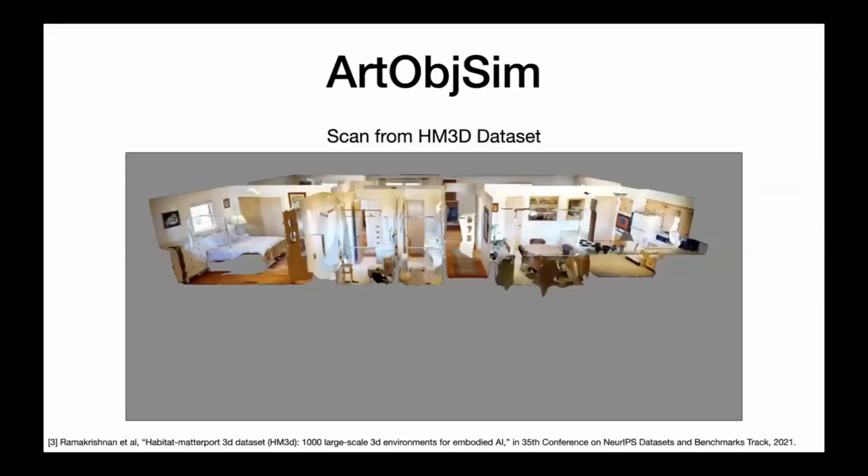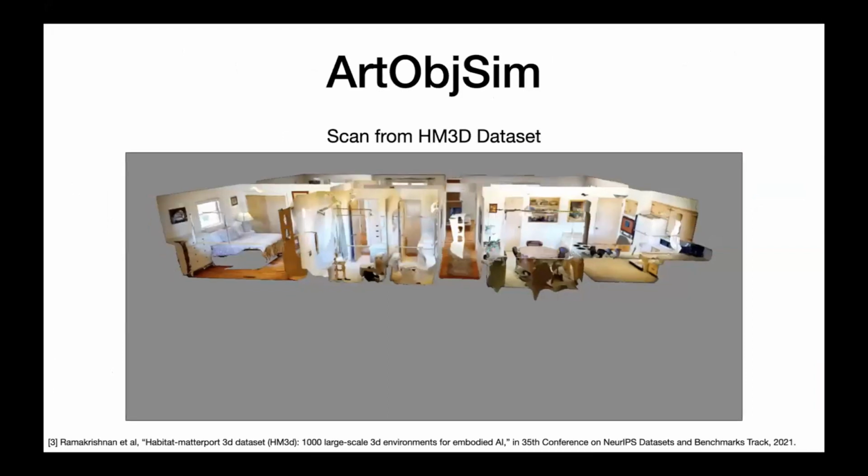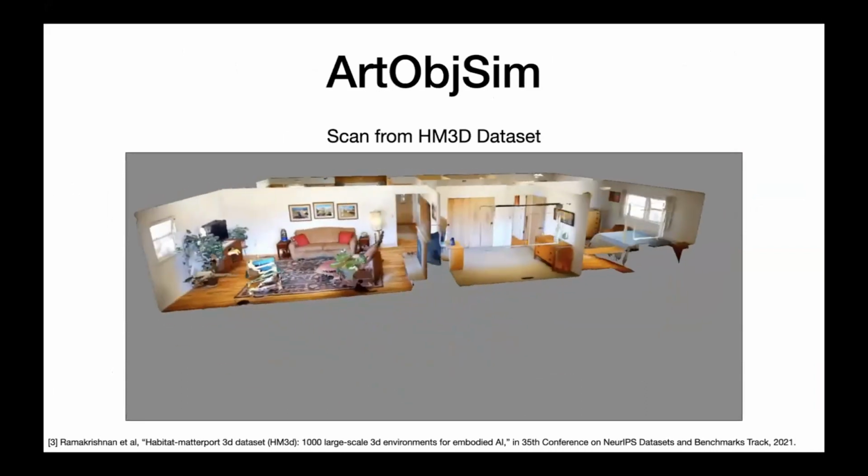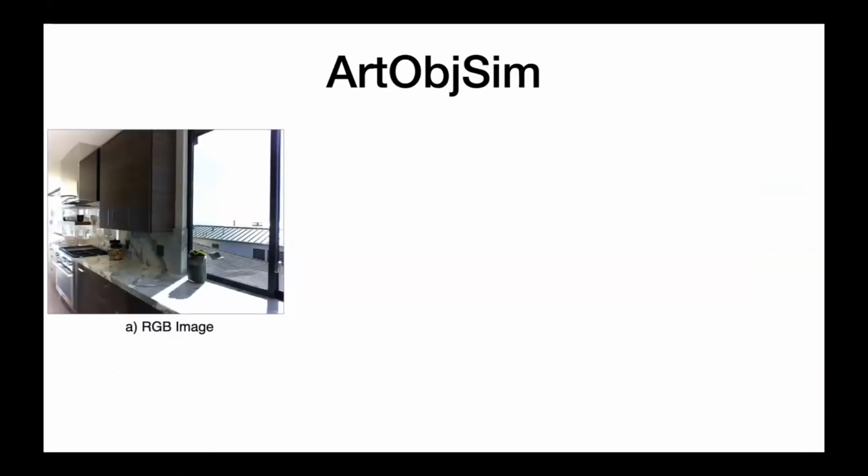Okay, good. So we are building this simulator on top of this HM3D effort from Facebook, which is a collection of a large number of indoor scans, but these don't have any articulated objects. What we have done is take these 3D scans, but then add some lightweight annotation on top to start simulating simple kinematic objects.